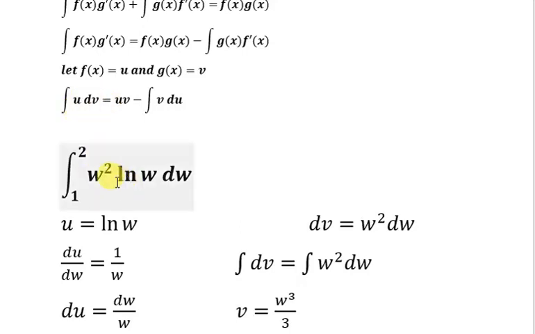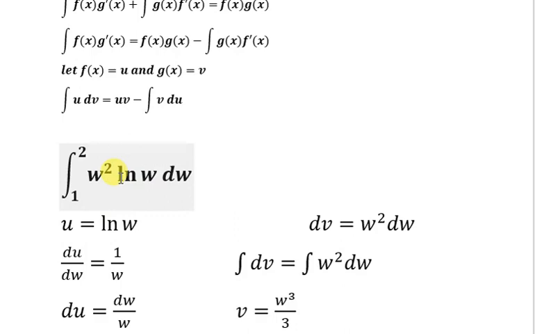So we decide on which portion of this equation, or this term, or this function that we choose, we want to be u. In this case, I prefer to use ln w.